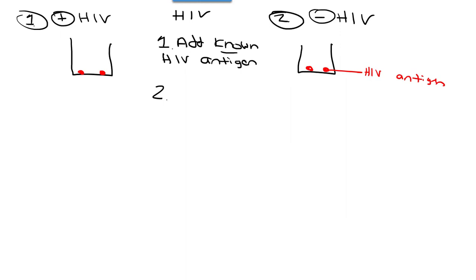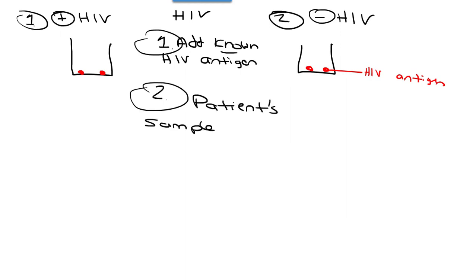Okay, so the red here, this is the HIV antigen that I threw in there. Our next step is now we're going to add the patient's sample. So if we were testing HIV, we would do a blood test. We would take blood from the patient and we would filter out things like red blood cells and platelets. We don't need that. We need just the serum that contains the antibodies. Now, there's a plethora of antibodies in the serum.